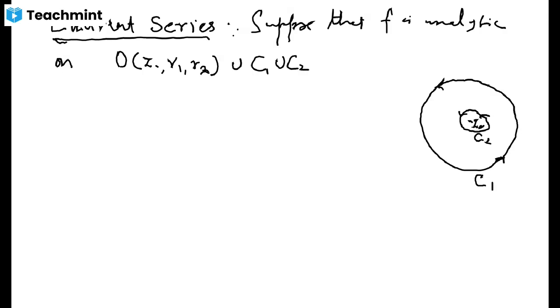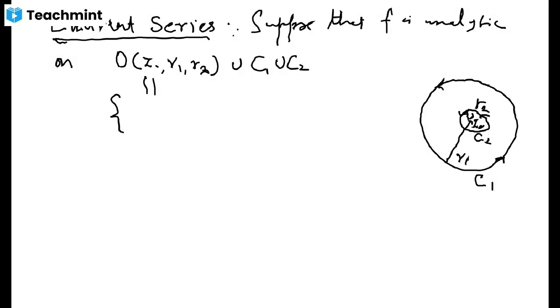F is an analytic function on this region, and this region includes the circle C1 as well as the circle C2. Also let the radius of circle C1 be R1 and the radius of circle C2 be R2. This set is the annular region.